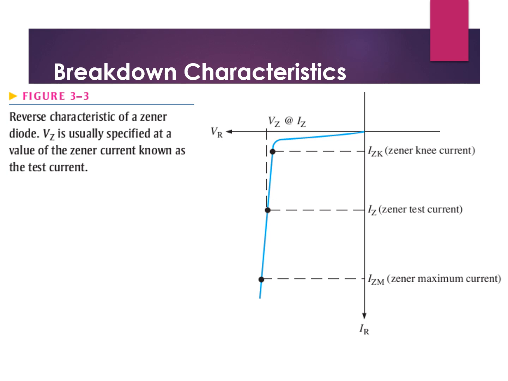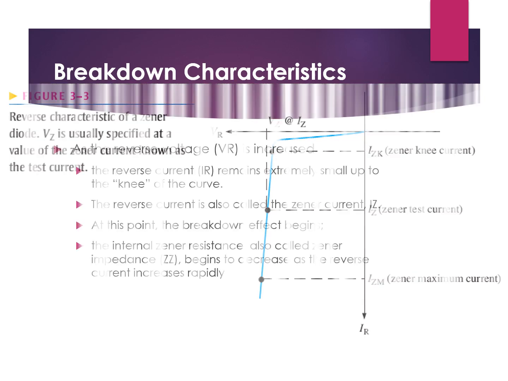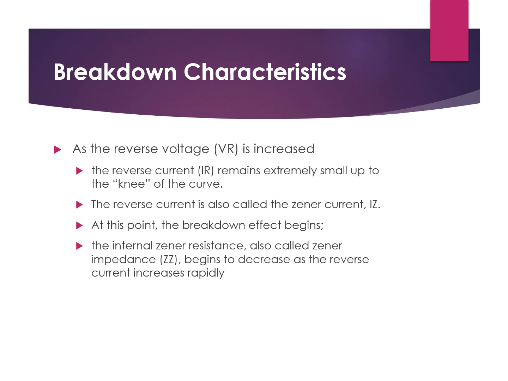This is the maximum Zener current; beyond that, if you keep increasing it, your diode will get damaged. When you increase the reverse voltage VR, the reverse current is extremely small up to the knee voltage. After that, the current flowing is termed the Zener current.